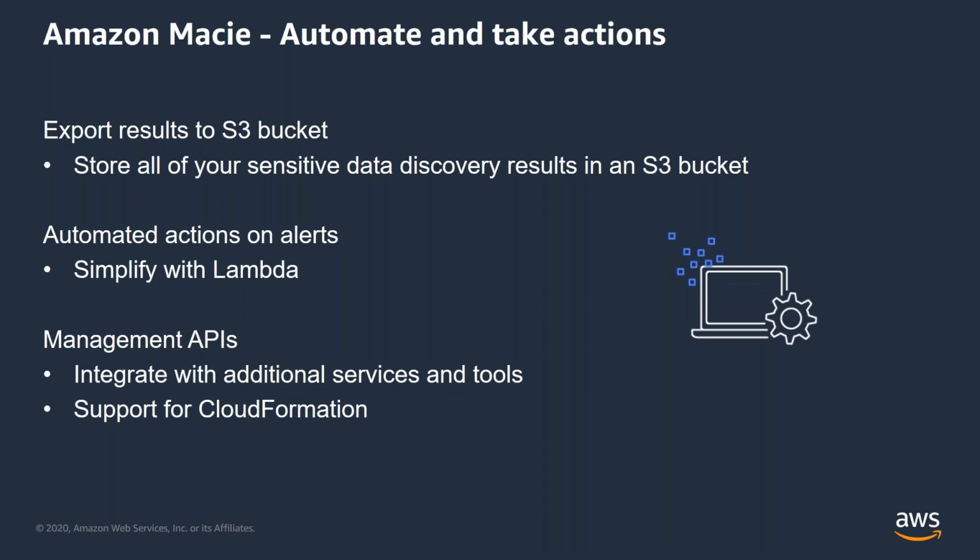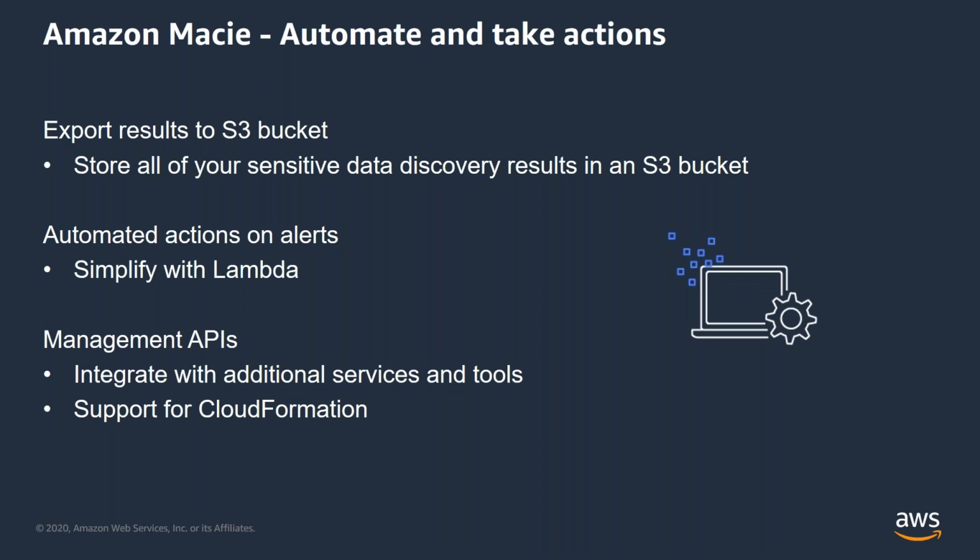That allows customers to then act on these findings and take actions on either the objects where the sensitive data was found or on the buckets where the sensitive data was located. This can be simplified further using Lambda functions that can act accordingly and automate the workflows to satisfy some of the data governance and data security policy needs.